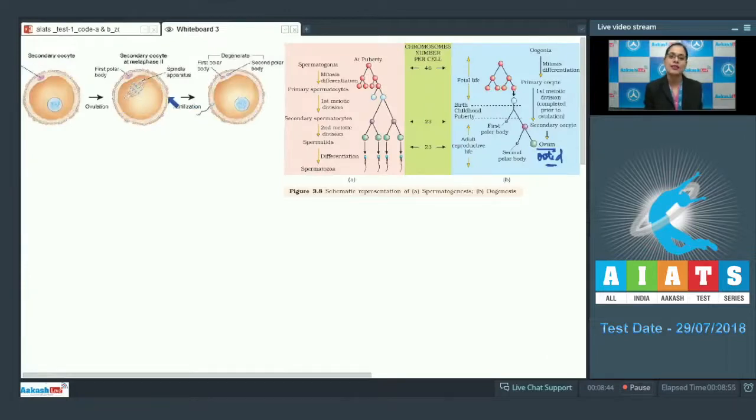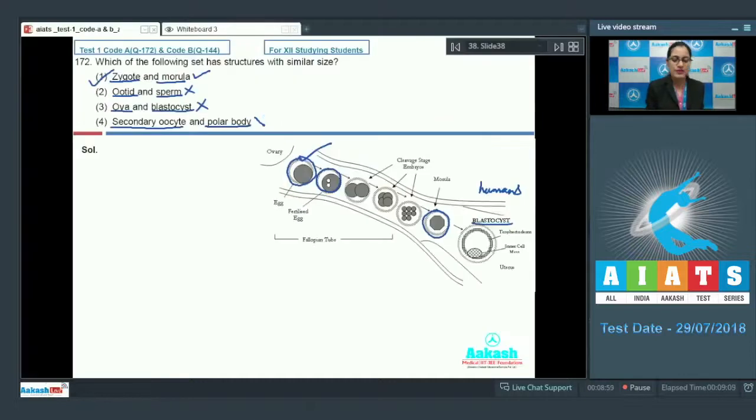And we know that secondary oocyte will undergo unequal cytoplasmic division to form a haploid ovum and a tiny second polar body. So these two vary in size. So this cannot be a correct answer. So the correct answer for this question is option number 1, that is zygote and morula, which share similar sizes. Let's move on to the next question.